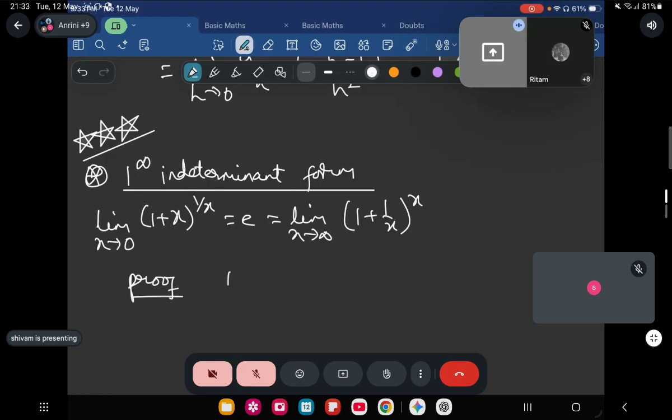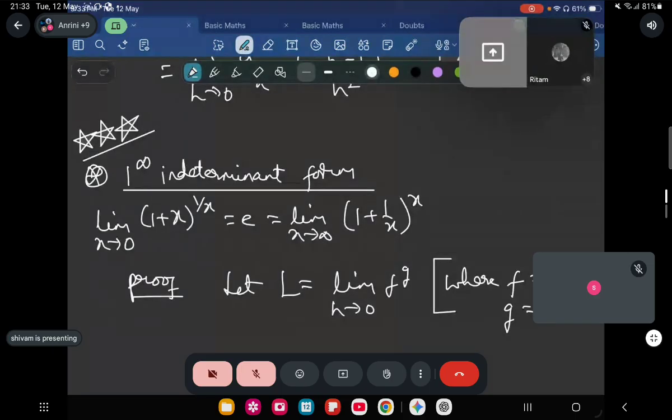So everyone, let L be equal to limit h tends to 0, f to the power g, where f is equal to 1 plus x and g is equal to, sorry, 1 by x.